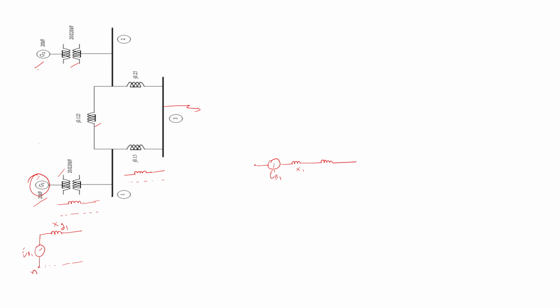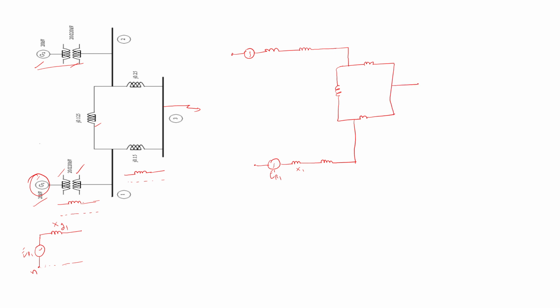Now both generator and transformer are completed. Coming to this side, we get the same: this is the generator positive sequence network and this is the transformer positive sequence network. Now we need to draw the line diagrams. Line diagrams are also the same. These are the connections.